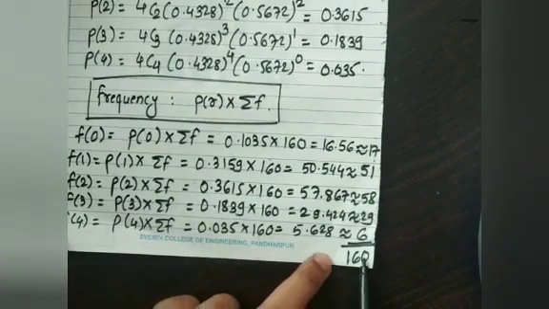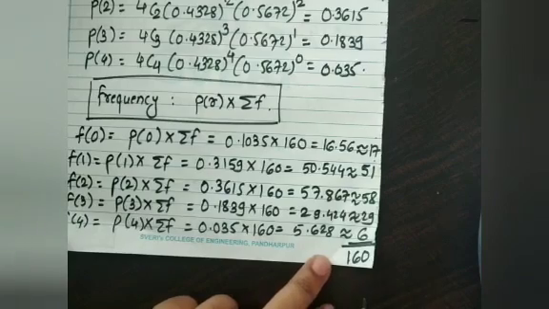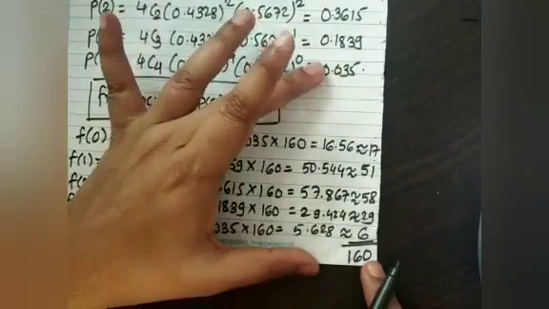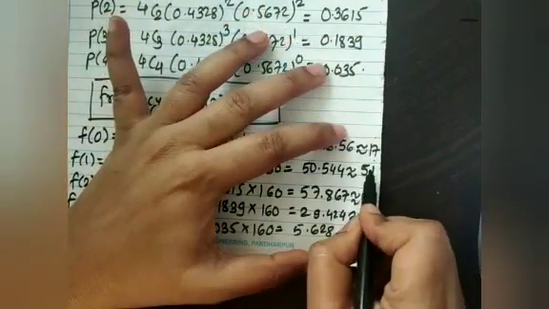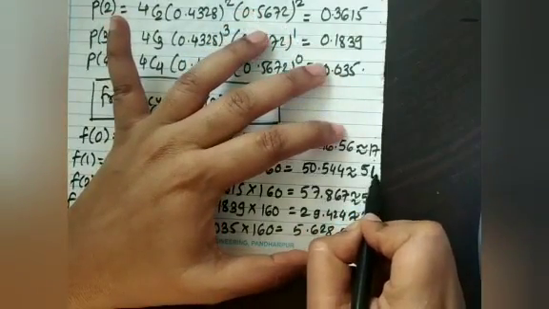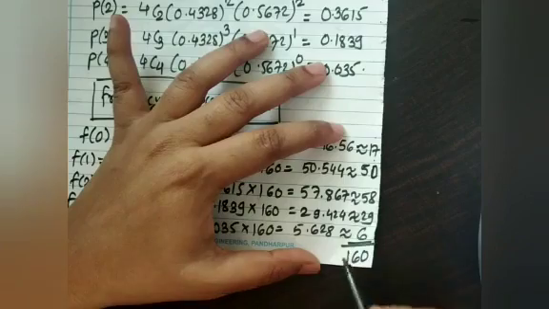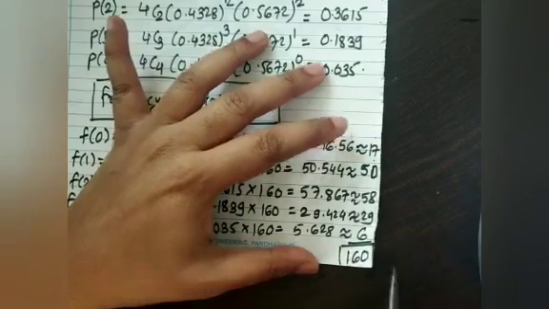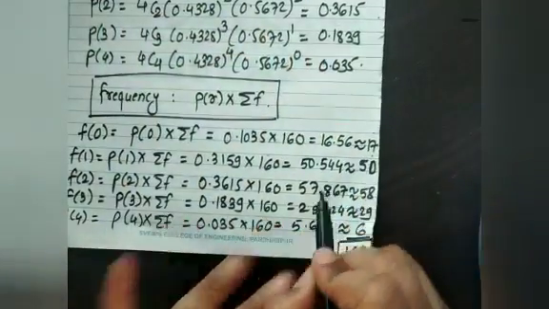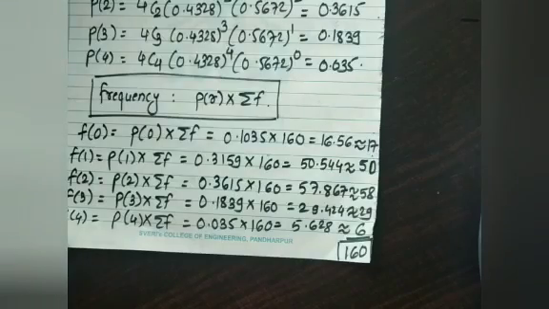As it is not 160, it is 161, so our approximating is wrong somewhere, so we'll go back and check wherever it is wrong. So it should approximate to 50. Now we can check. This is exactly 160, so this is your answer.